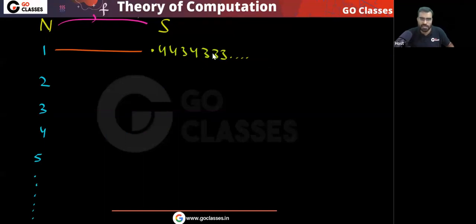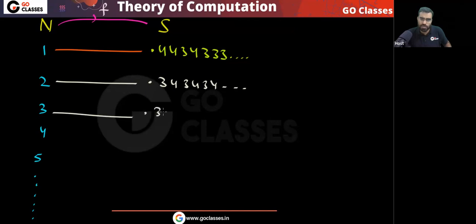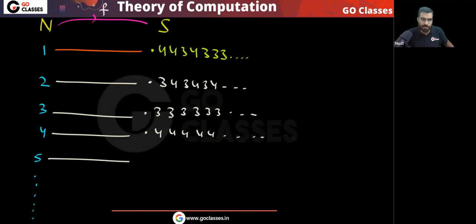So let's assume 1 is mapping to this element. 2 is mapping to 3, 4, 3, 4, 3, 4, and so on. 3 is mapping to 3, 3, 3, 3, 3, and so on. 4 is mapping to 0.4, 4, 4, 4, 4, 4, and so on. 5 is mapping to 0.3, 4, 3, 3, 3, 4, 4, 3, and so on.